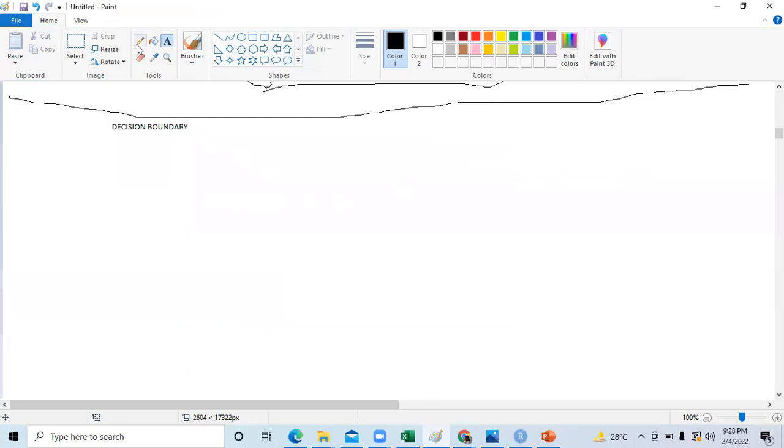So once again, let's remind ourselves that our h of x equals g of theta transpose x, and now our g of z equals 1 over 1 plus e raised to the power minus z, right?